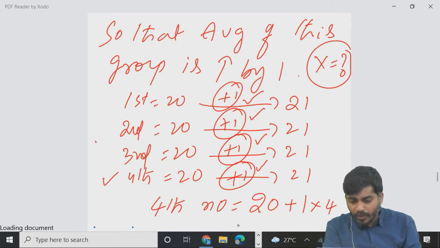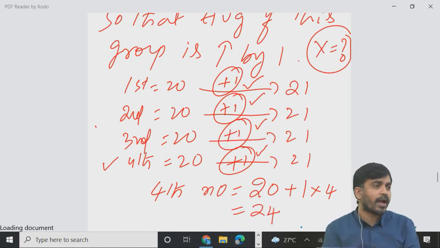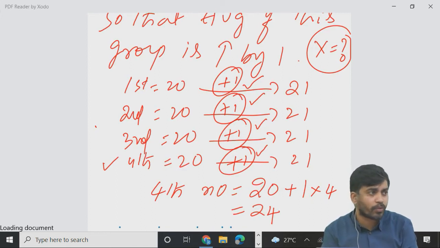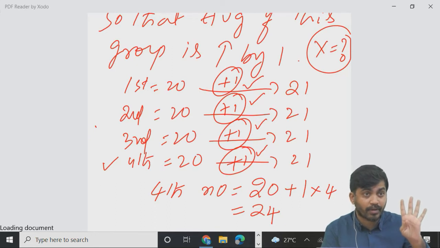So the value is 24. If we add 24 to this group, the extra apart from 20 is 24 minus 20, which means 4 is the extra value.